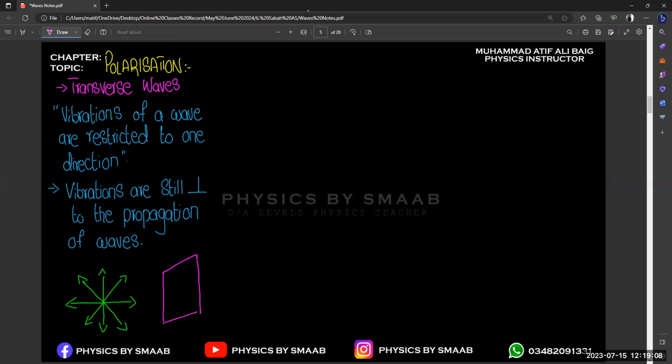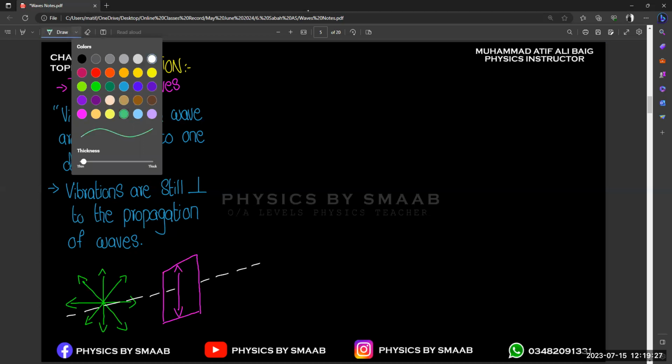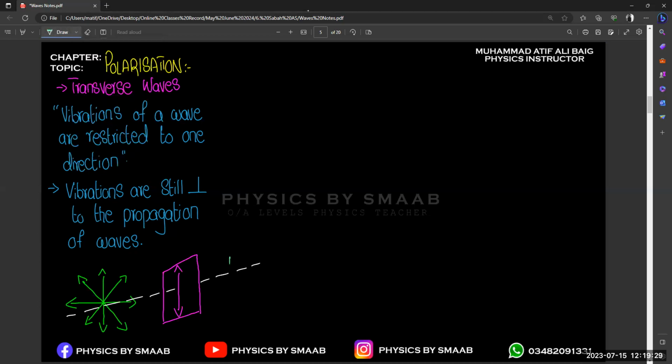We are only going to allow vertical vibration through this polarizer. So when this wave passes through the polarizer, our final orientation will be vertical only, like this. All other orientations are blocked by the polarizer.